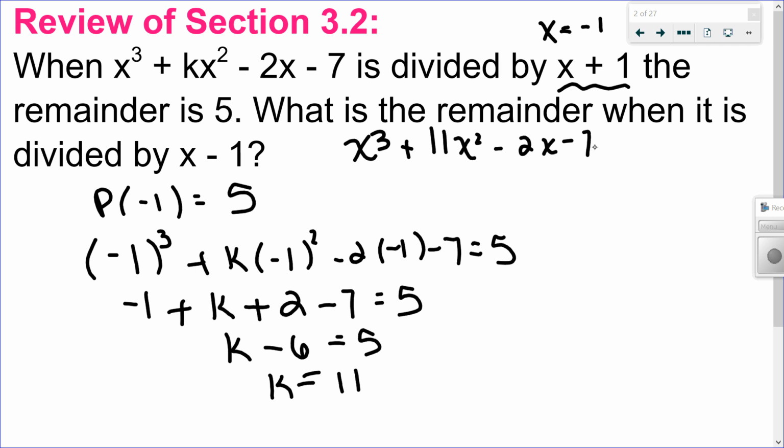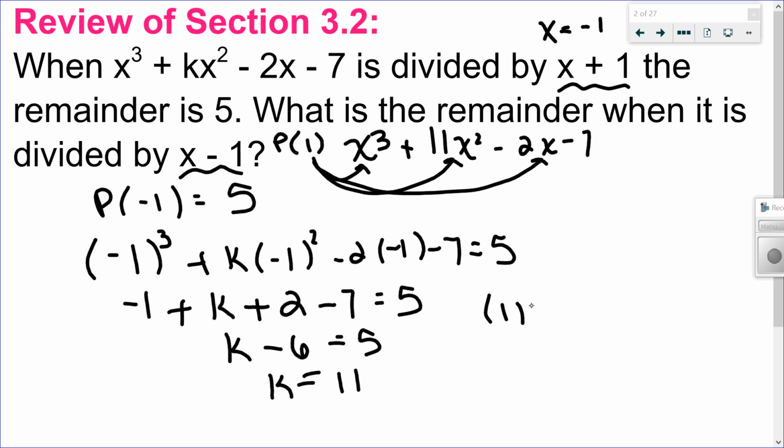Now I want to know the value of the remainder when this polynomial is divided by x minus 1. So x minus 1 is the factor, which means the root is 1. I want to know the value of this polynomial when I substitute an x value of 1. So I have 1 cubed plus 11 times 1 squared minus 2 times 1 minus 7.